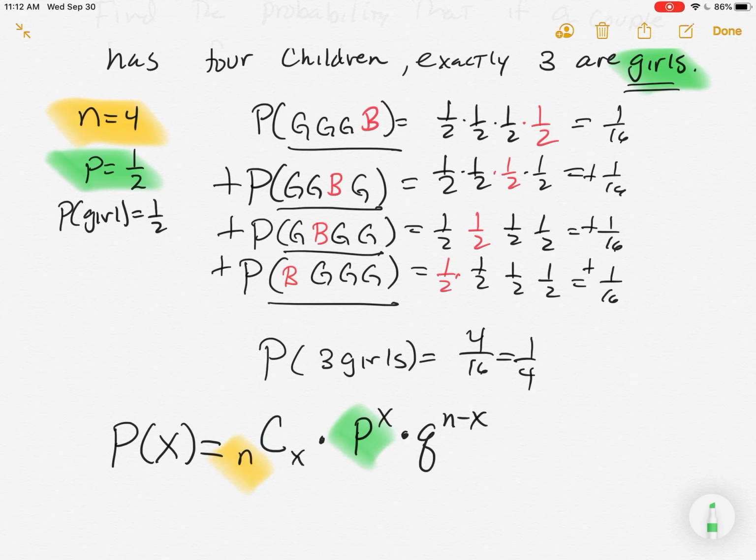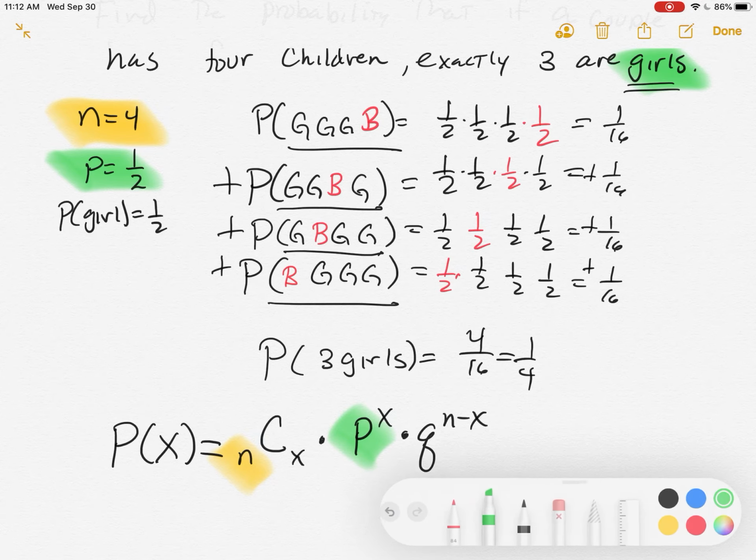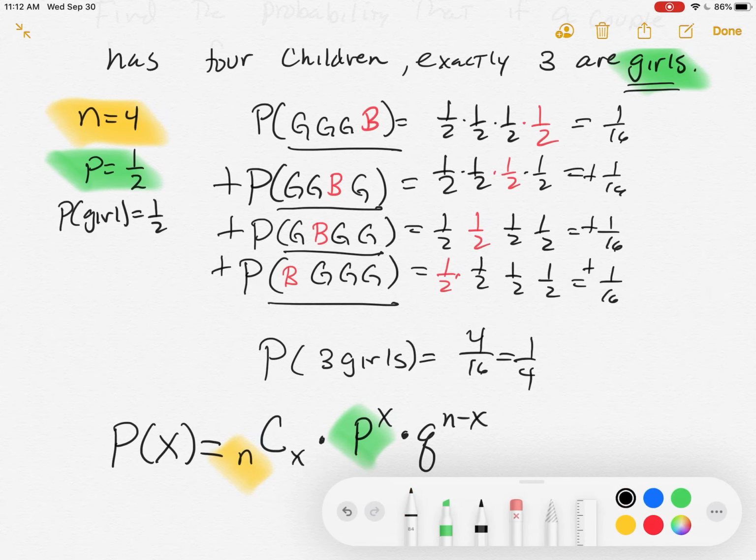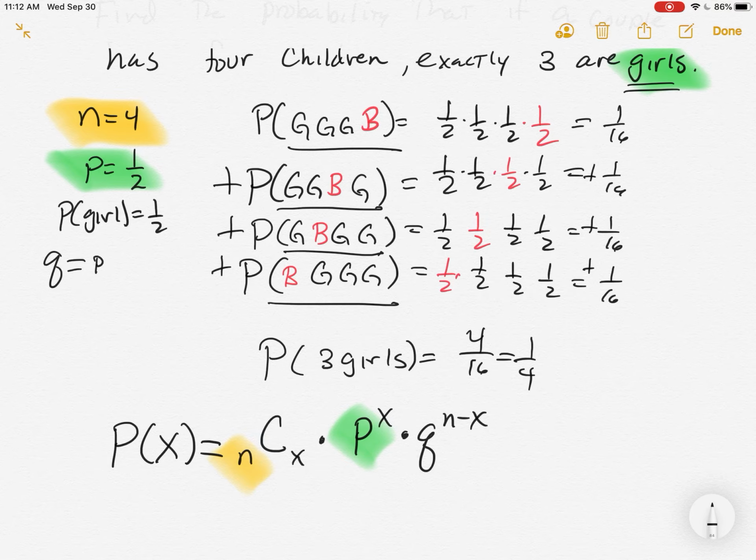So some people will say, well, I don't know that probability. That's what I'm supposed to be finding out. We're not asking for the probability of 3 girls. This little p is the probability that on one birth the outcome is a girl, and we know that that's 1/2. Q is the probability of failure, of not getting a girl in this case. And Q is always 1 minus p.